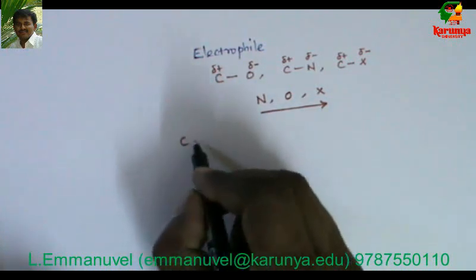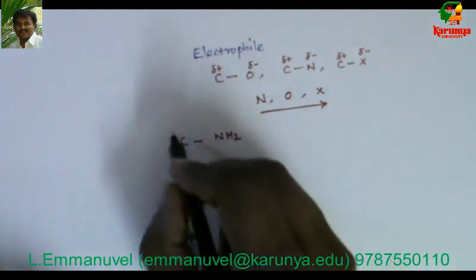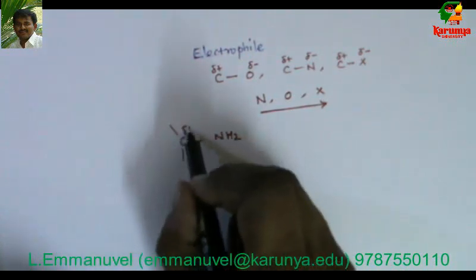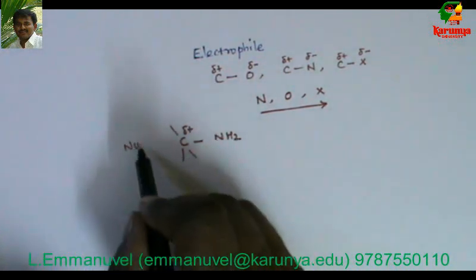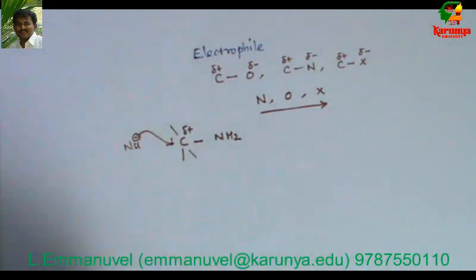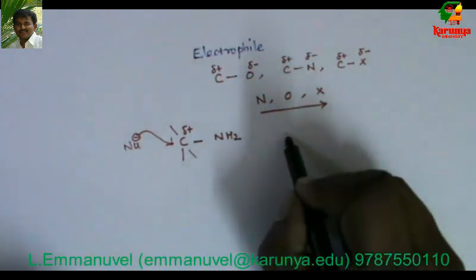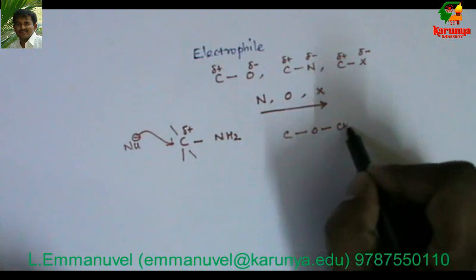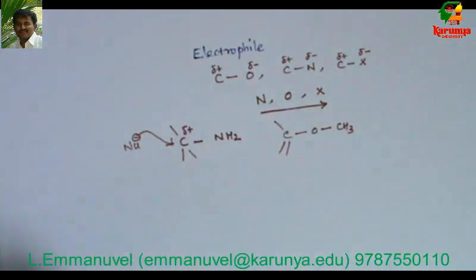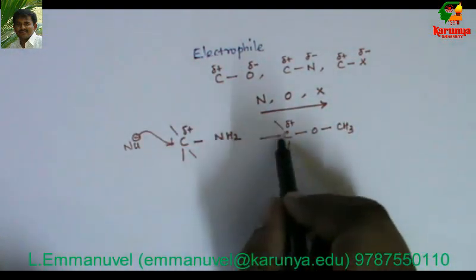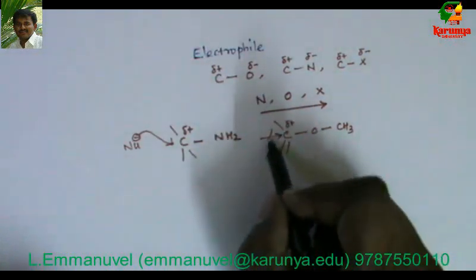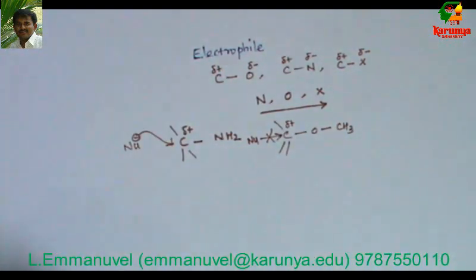That means even though there is del plus in the amine, the nucleophile cannot attack this because it is not sufficient. When you go for oxygen, like this, in this case also there is del plus, but this is not sufficient to be attacked by nucleophile. So the reaction won't take place.